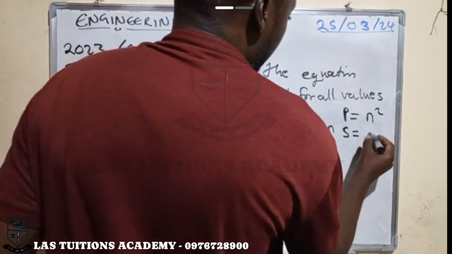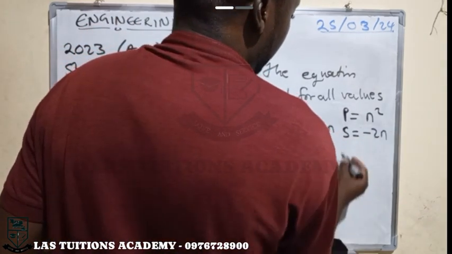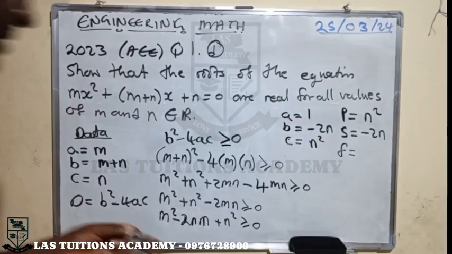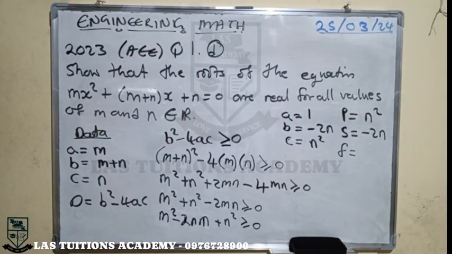Negative 2n, like that. So what would be the factors? The factors that when we multiply we get n squared, when we add them we get negative 2n.